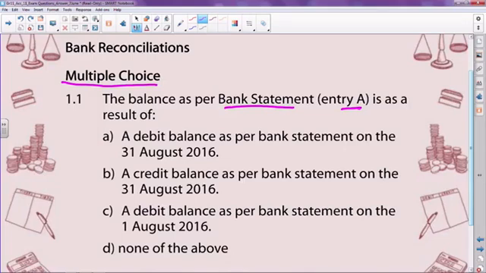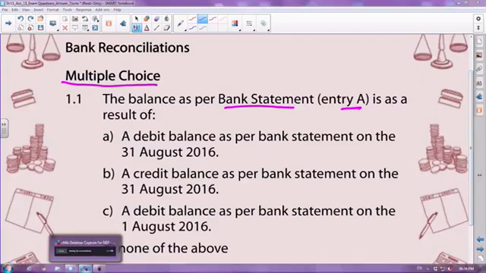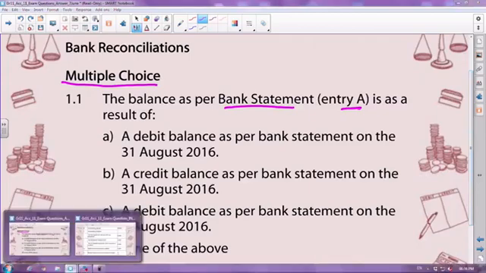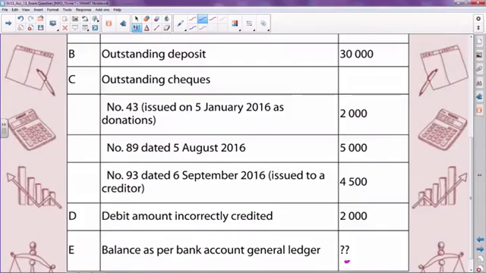Right, let's go to our bank recon and examine entry A carefully before we choose our correct option. Entry A, the balance as per bank statement.